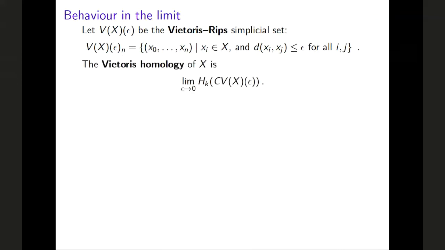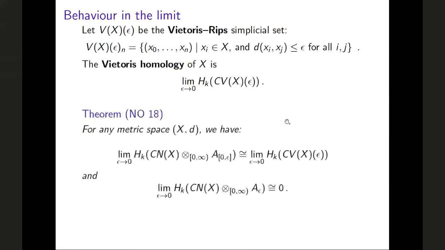And then the Vietoris homology, this was the homology theory introduced by Vietoris, or at least an equivalent formulation of it, in his paper from the 1920s, which is also where the Vietoris-Rips complex was first introduced, is the categorical limit as epsilon goes to 0 of the homology of the chain complexes associated to this simplicial set.